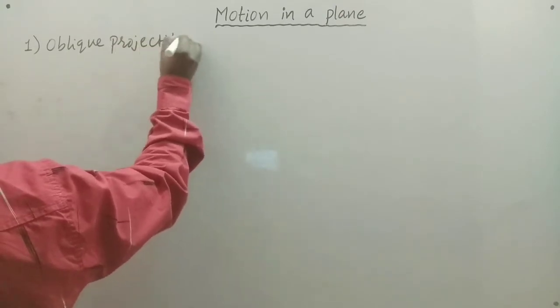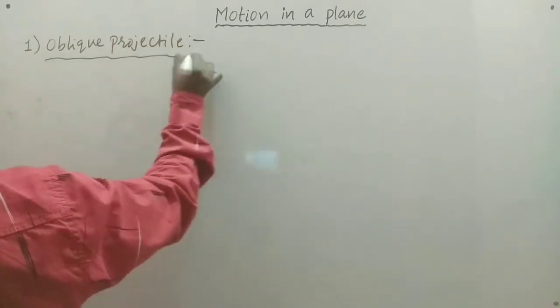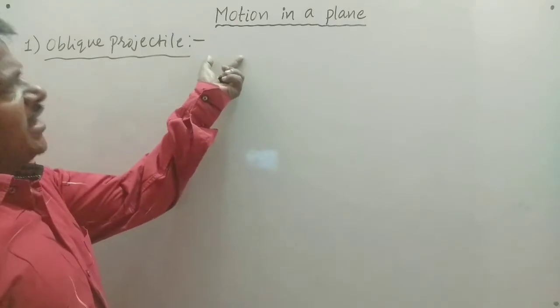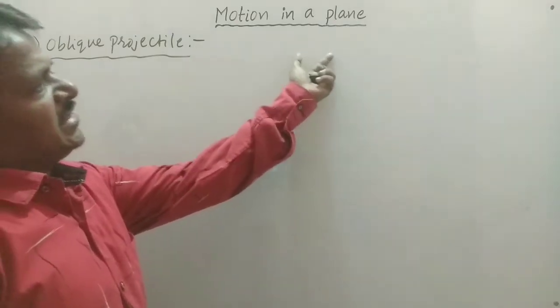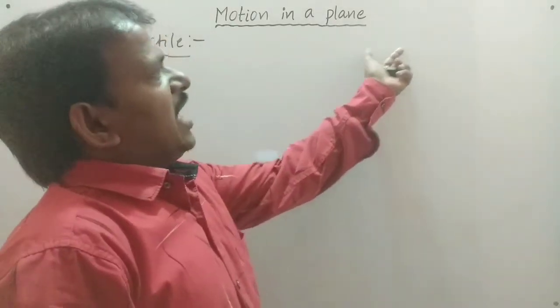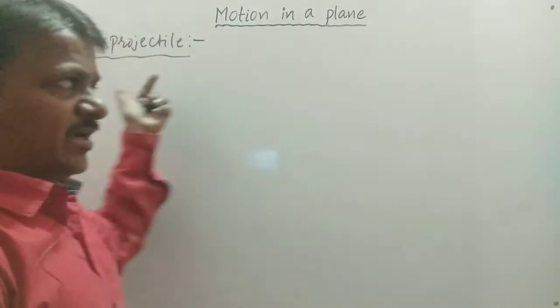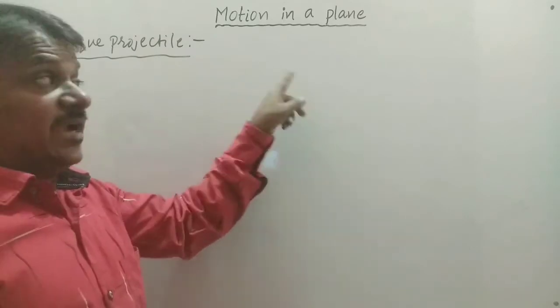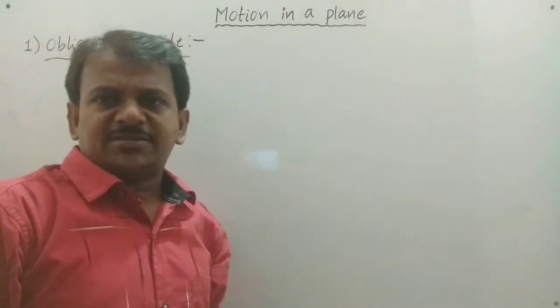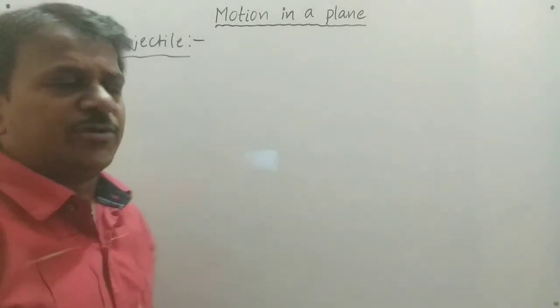What is an oblique projectile? A body is projected with some velocity and it makes angle theta with the horizontal, other than 90 degrees and 0 degrees, is called an oblique projectile.